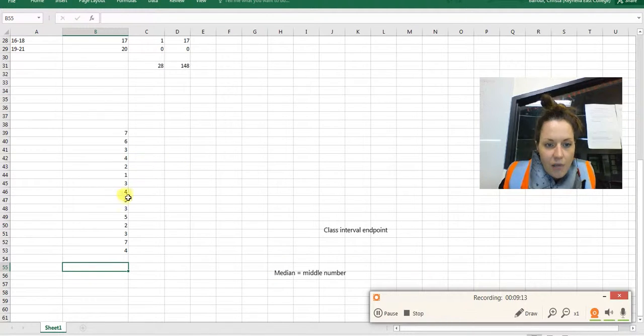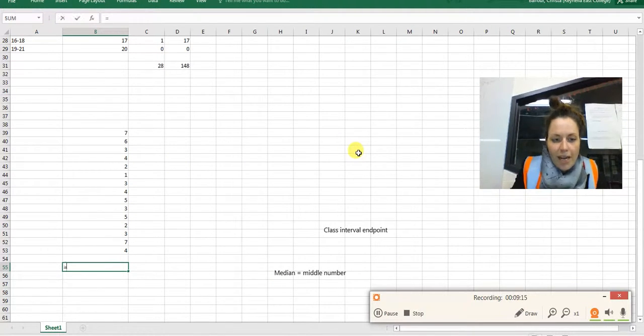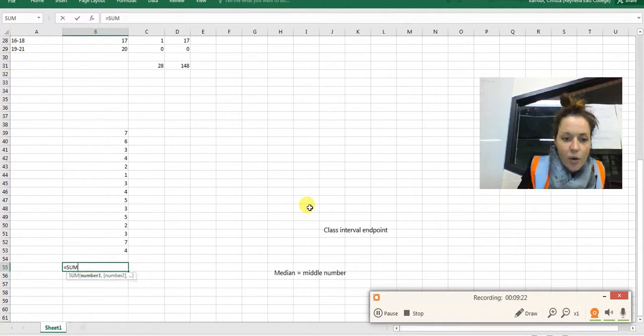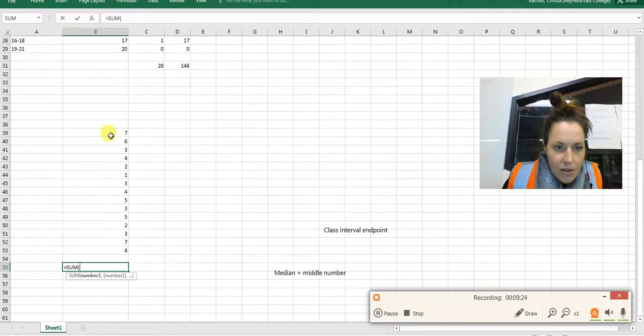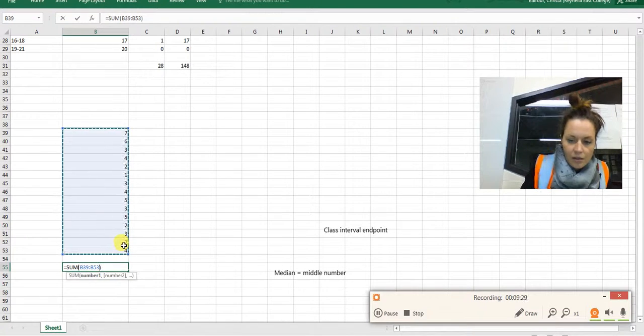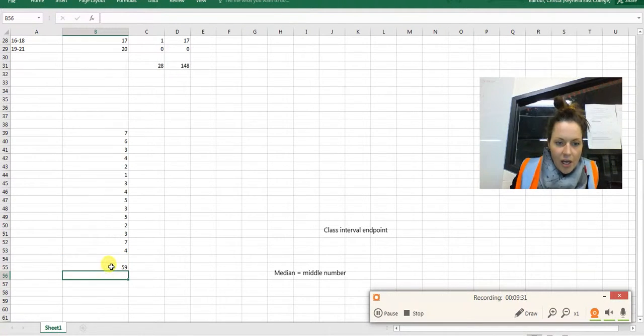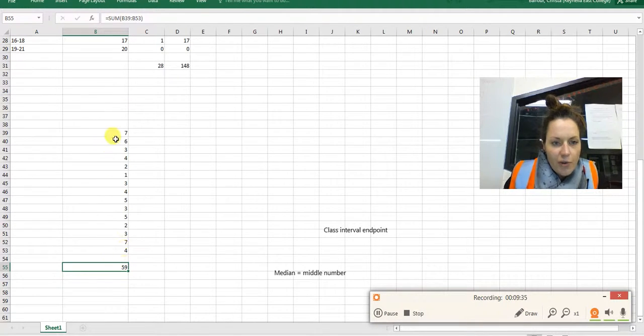What you would do then to find the average number is firstly get the sum, so you add all the scores up together. So I'm adding all these numbers, okay, so 59, and then you divide that number by your total number of respondents.